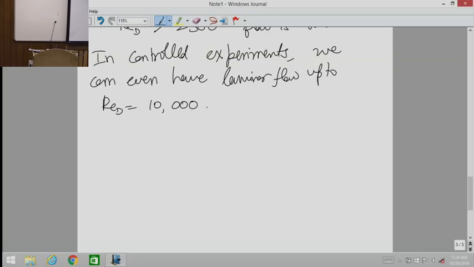And between 2000 and 10,000 is the range of transition, where if you introduce some disturbances, they will definitely magnify and the flow becomes turbulent. Now this study of how flow changes from laminar to turbulent is under the realm of what we call stability theory.